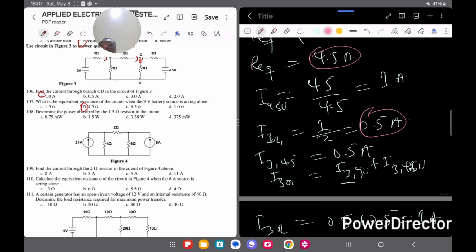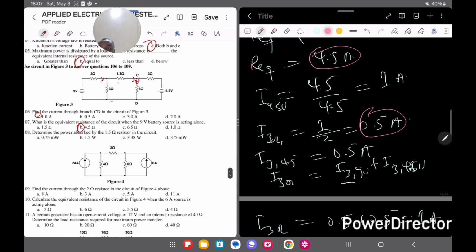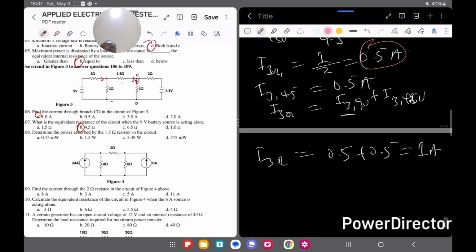Determine the power absorbed by the 1.5 ohms resistor in the circuit. So we look for 1.5 here. This is our 1.5, right? To find the power dissipated by this 1.5 ohms, we have to find the current which is passing through it.